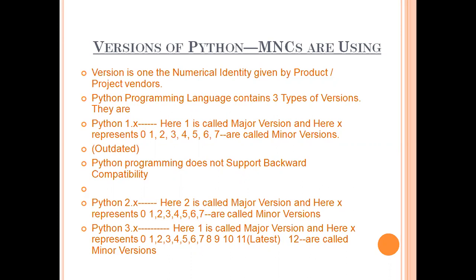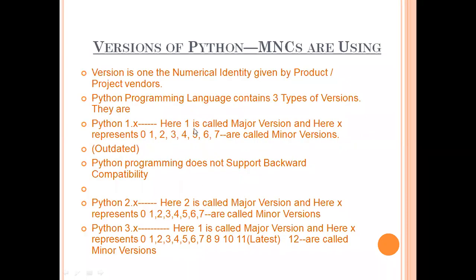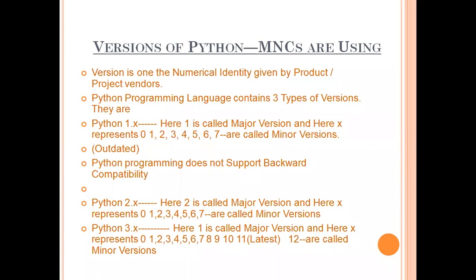Like Python 1.x, in this, 1 is the major version and x represents the minor version.